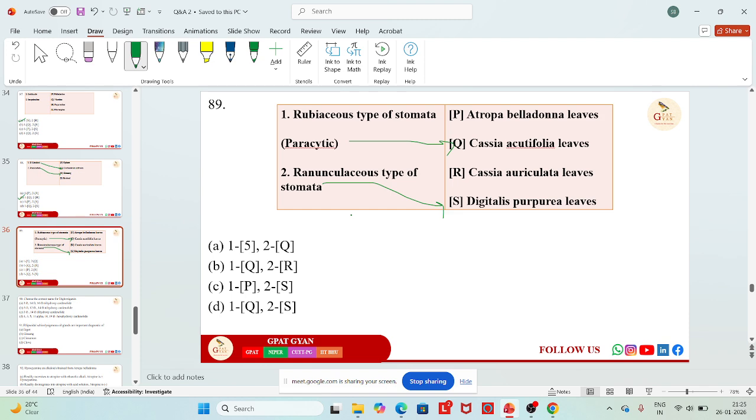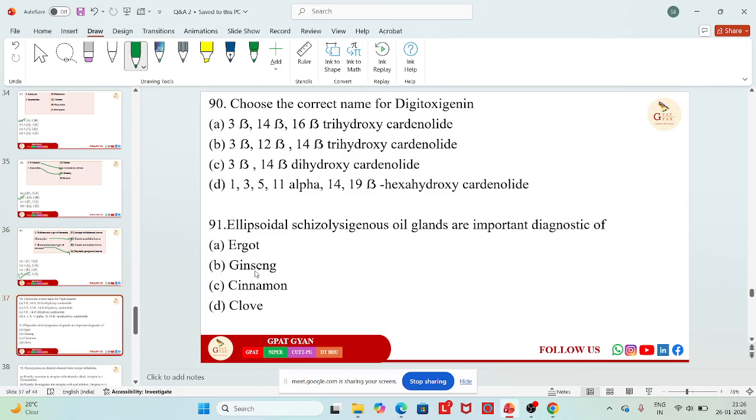I think I told, no, that was belladonna. Okay, rubiaceous is in Cassia acutifolia, that is senna. Senna and coca and rubia are parallel to each other. Cassia acutifolia, and digitalis is ranunculaceous. So Q and S in D. D option will be correct.